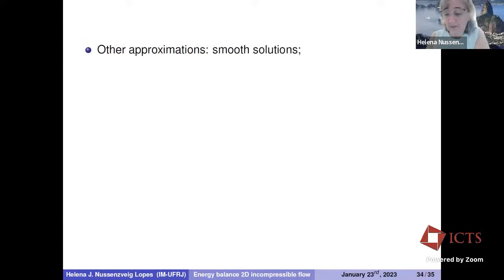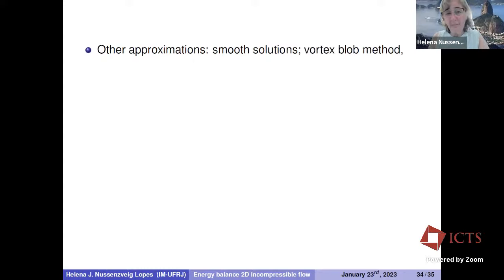So this kind of work, at least without forcing, with vorticity in L^p, was established for other approximations, namely smooth solutions. In other words, if you have irregular initial data for Euler, then you can smooth it out. You can generate a smooth approximation and pass to the limit along the smooth approximation.